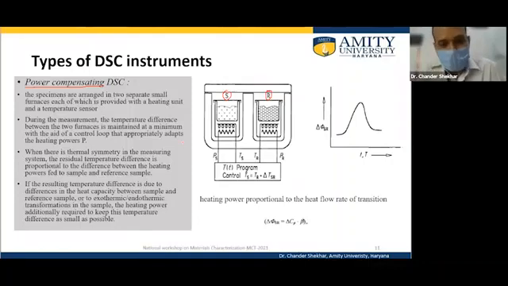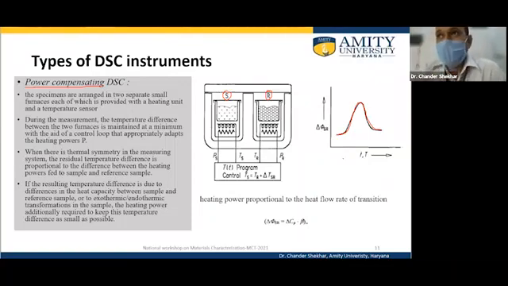Suppose there is an exothermic event, we need to give lesser power, so the peak will go down. Suppose this is the endothermic event, there is additional power that needs to be given. So the peak is opposite to that of the heat flux DSC.